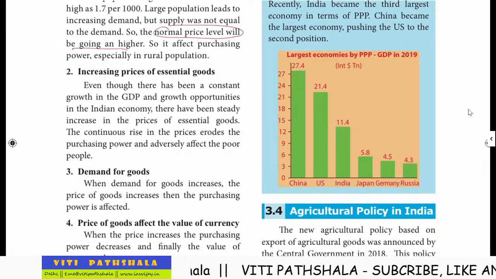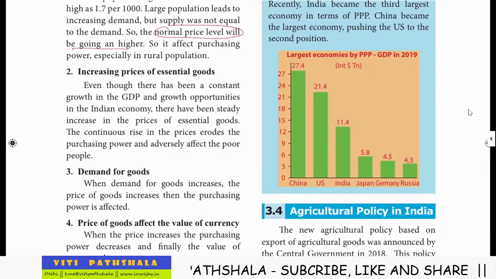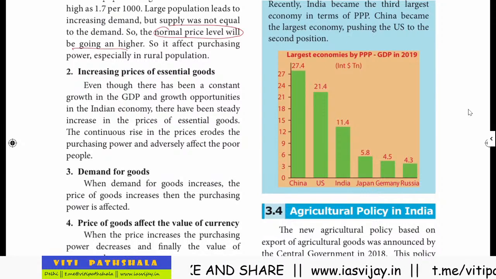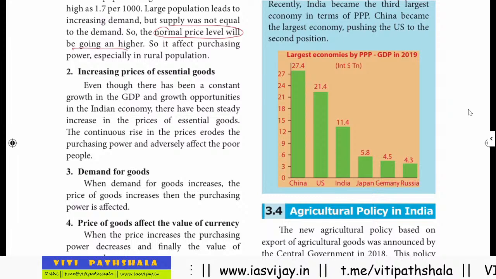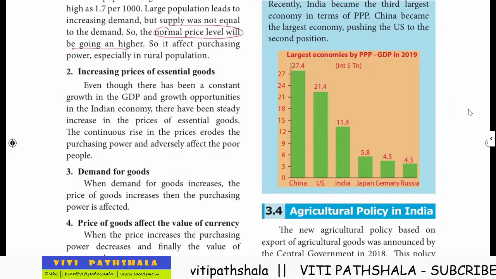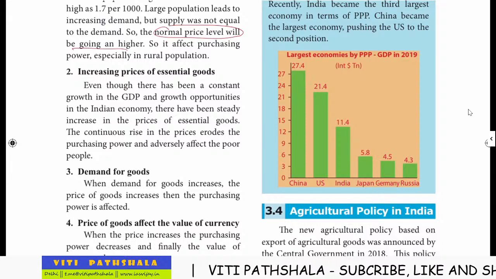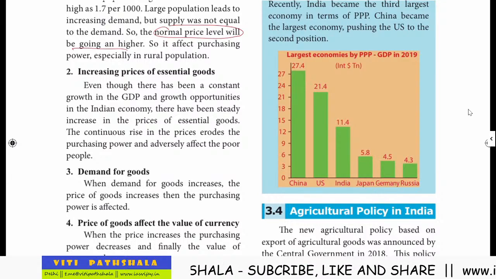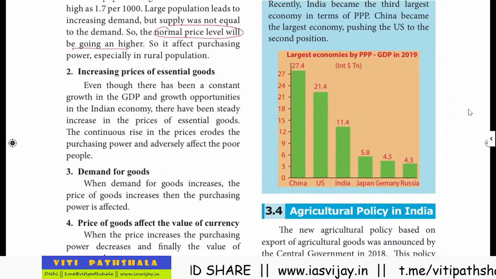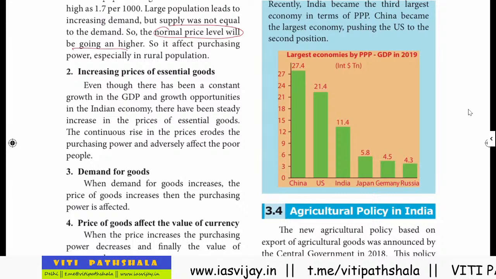The second thing is the increasing prices of essential goods. Even though there has been a constant growth in the GDP and growth opportunities in the Indian economy, there has been a steady increase in the prices of essential goods. The continuous rise in prices erodes the purchasing power and adversely affects the poor people.